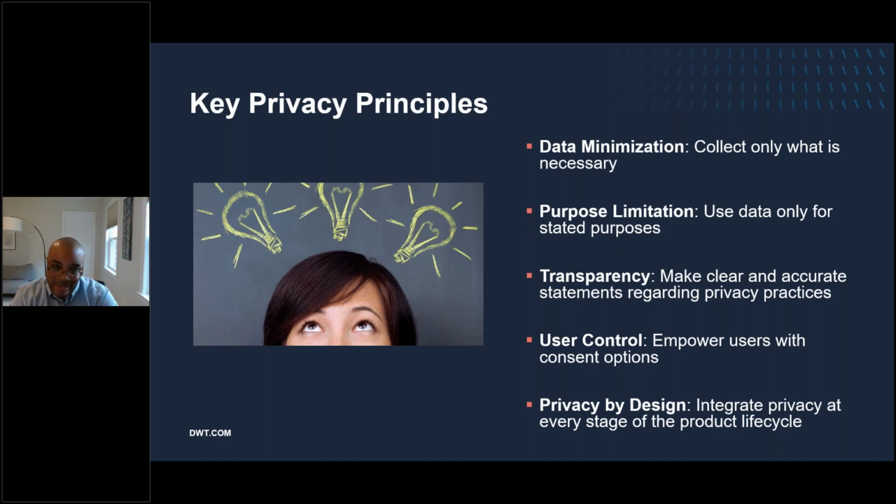Related to that first point, make sure that the purposes for which you are using data are made clear to consumers and maintained. So again, you can imagine if you say we're only going to do X with your data, but then you actually do Y and Z, that can cause problems and possible liability down the road. Transparency is another thing.